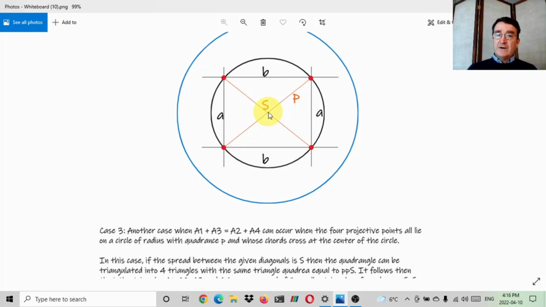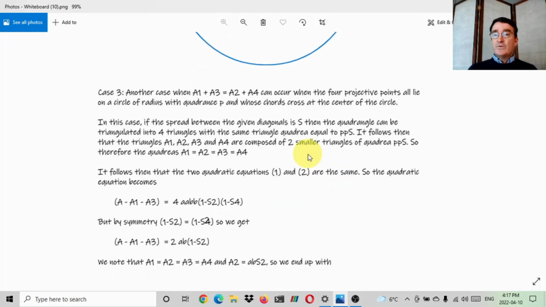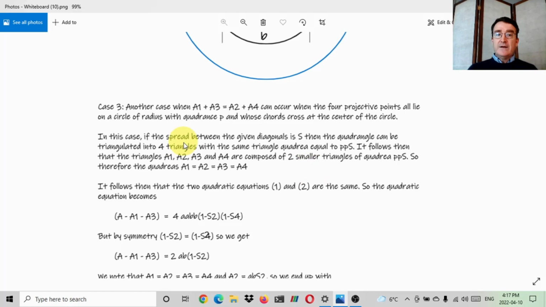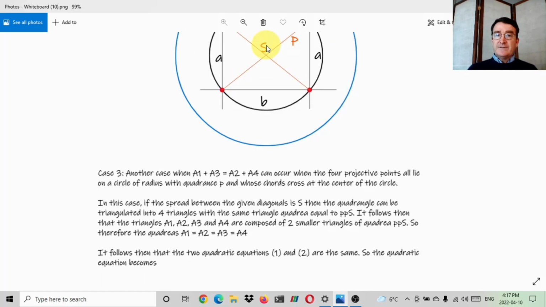So all the triangles A1, A2, A3 and A4 are composed of 2 smaller triangles. These 2 triangles here, for instance, have identical quadreas, and this bigger triangle here is composed of these 2 smaller triangles.